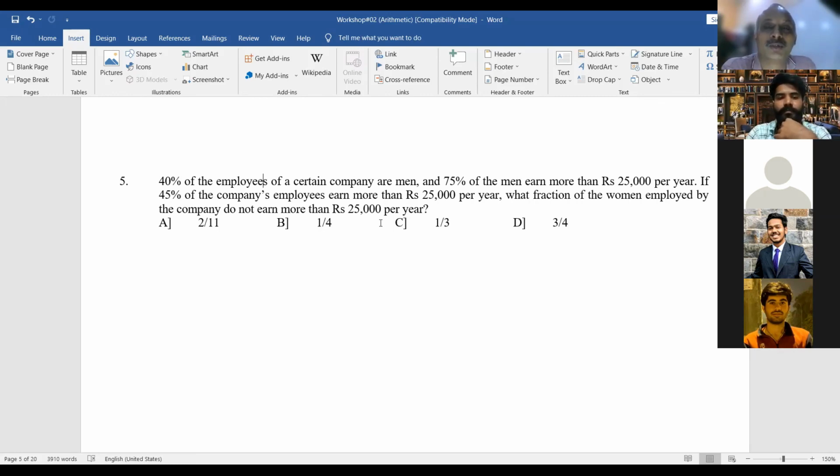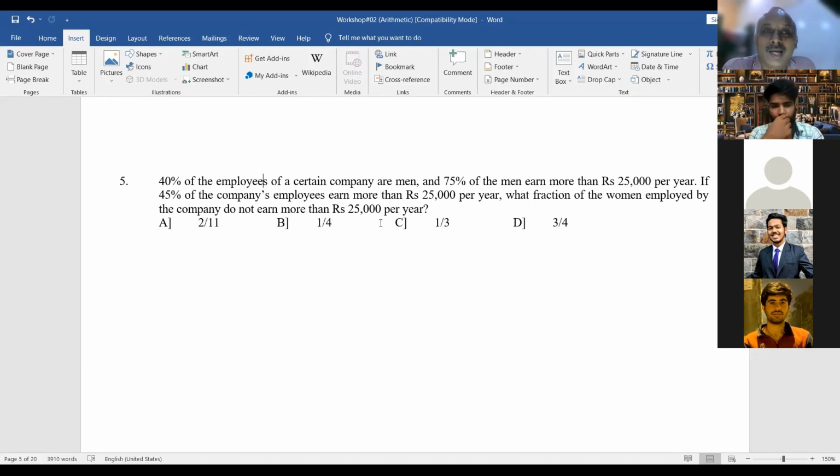What one should do is what Sagar said. If there are total 100 employees, 40 are men, so 60 are women. 75% of men means 75% of 40, that is 3/4 of 40. So it's orally calculable that 30 men earn more than 25,000.